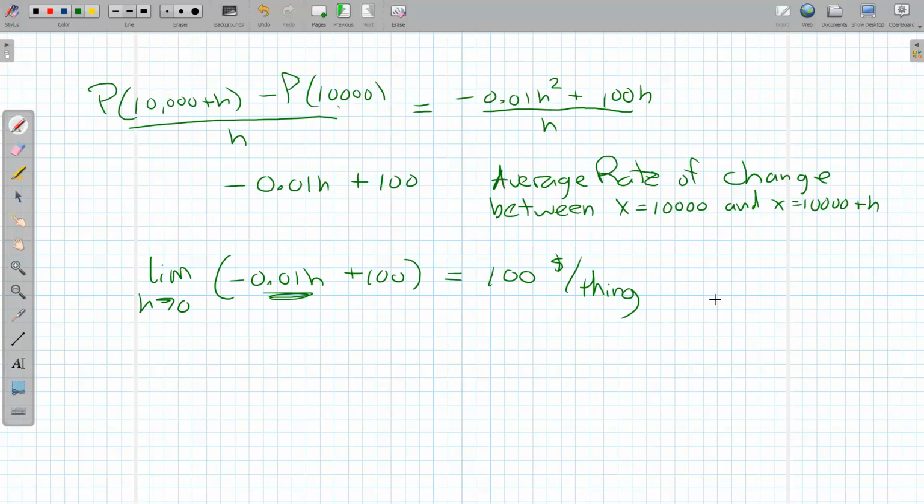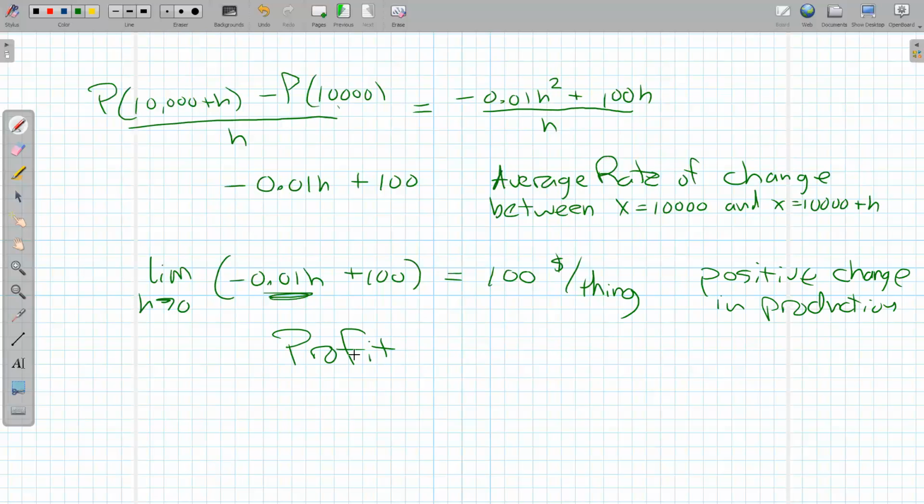Now this is positive, right? So that's something to know. There's a positive slope here, positive change in production. Meaning that if we start producing more than 10,000 things per year, then we're going to see more profit than we did before. So profit is increasing at this stage in production.